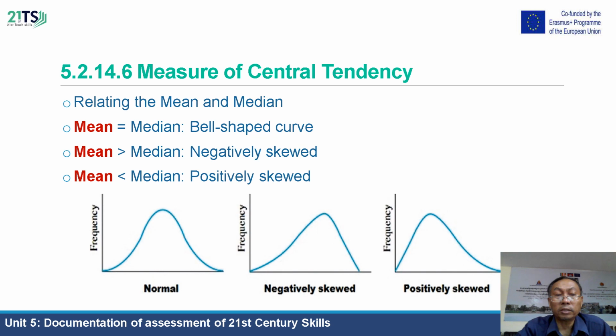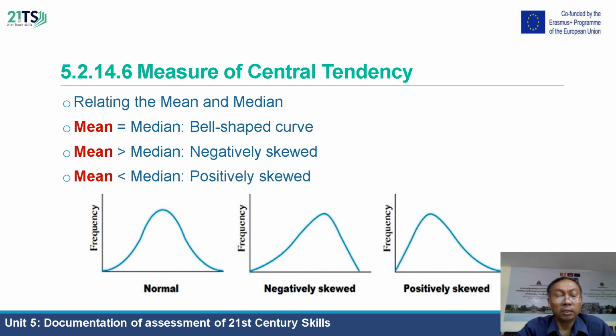Measures of central tendency. Central tendency is related to the mean and median. When the mean equals the median, it is a bell-shaped curve. It means a normal distribution. When the mean is higher than the median, it is negatively skewed.